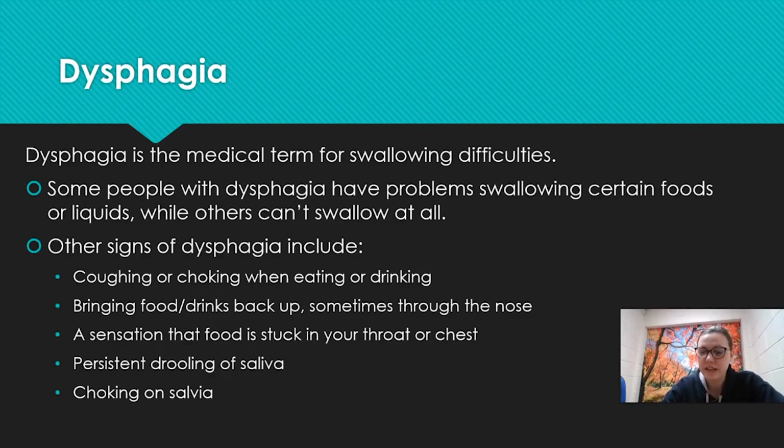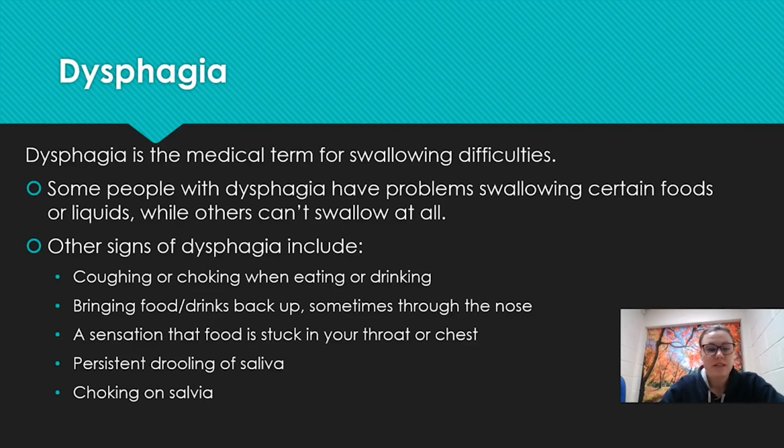So signs of dysphagia: people often first recognise that they may be regularly coughing or having choking episodes when eating or drinking. This will usually happen slowly, so it may start being occasional and then more frequently you notice that you're having coughing episodes when eating or drinking. This could often lead to bringing food or drinks back up on occasion, so people may recognise that they're bringing drinks up through the nose.